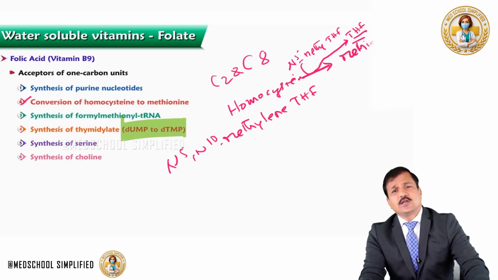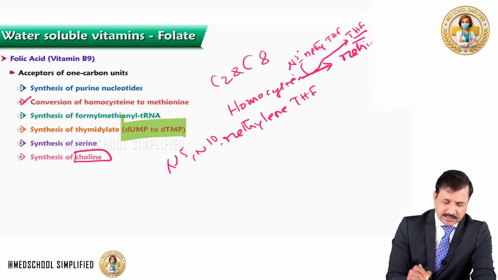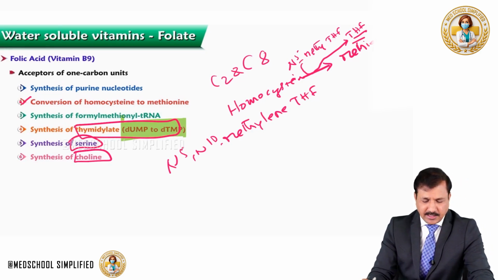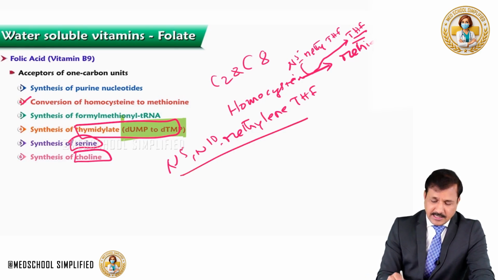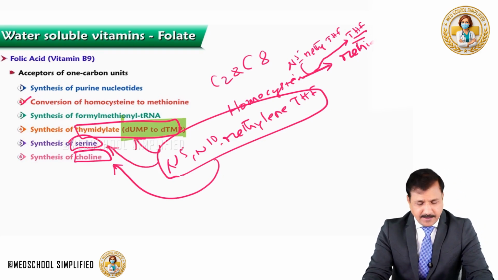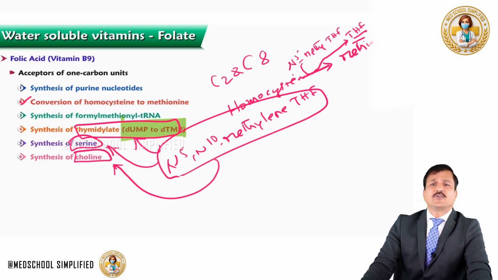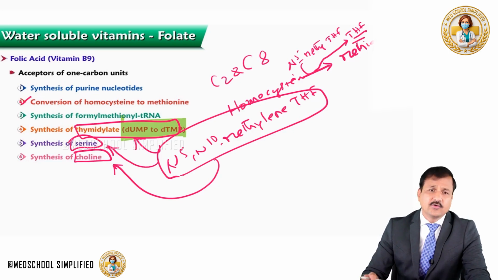In the synthesis of choline, the serine to choline conversion requires a methyl group which is donated by N5-N10 methylene tetrahydrofolate. So basically there are 3 reactions that I have explained here. All 3 of them need this N5-N10 methylene tetrahydrofolate, that is in the conversion of dUMP into dTMP, in the synthesis of serine, and in the synthesis of choline.